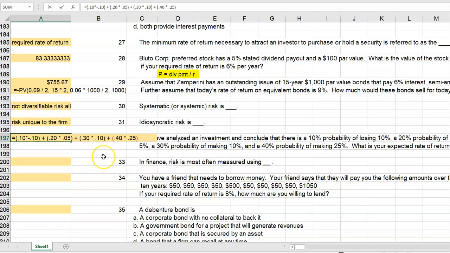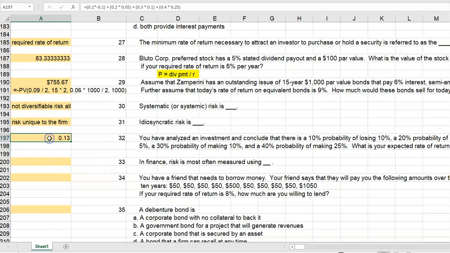You ought to eyeball and say, what do I think I'm going to make? I could lose 10, make 5, make 10, make 25. I'm guessing it's going to be more than 10, right?